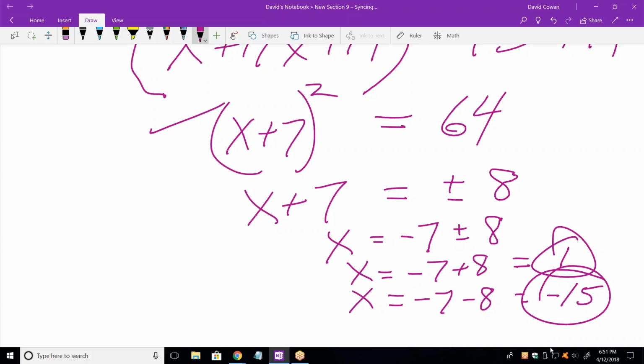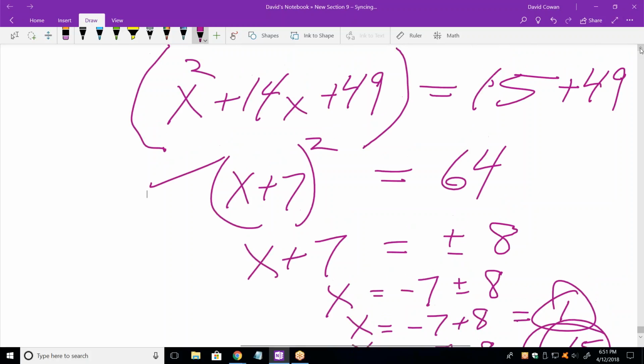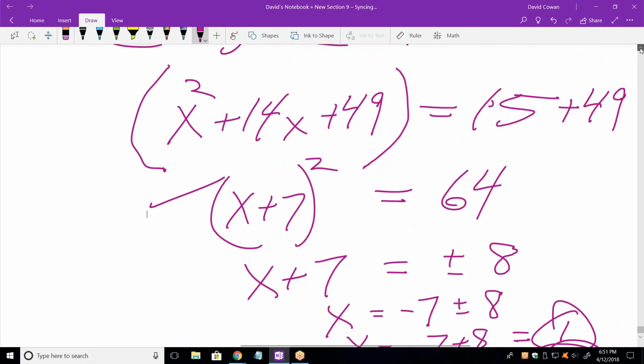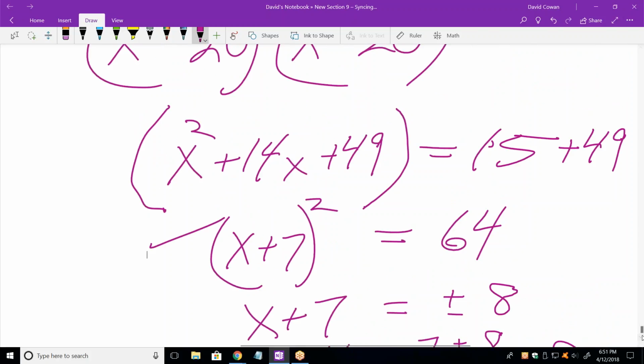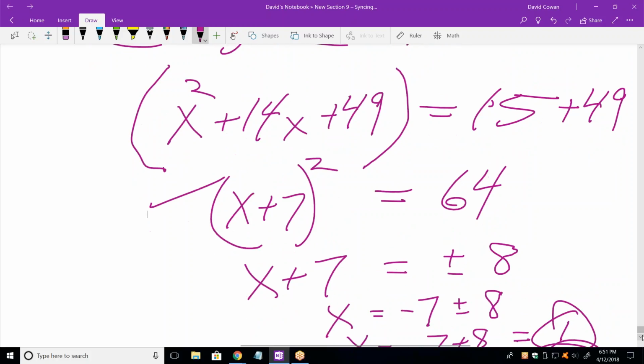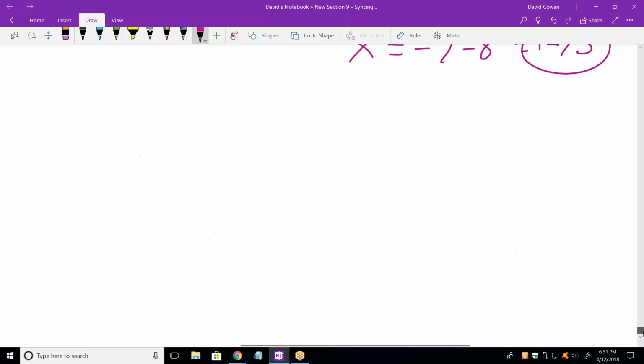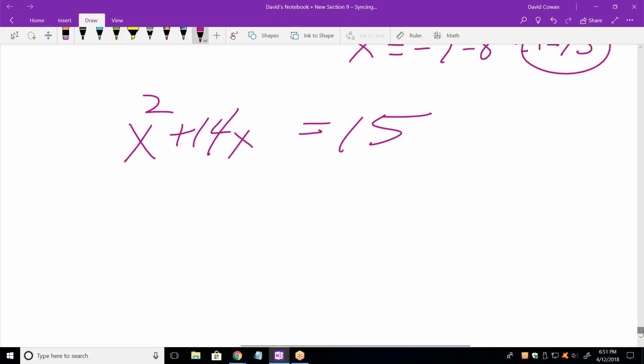Now, let's go back, because whenever I've done this the hard way, they asked me to do it by completing the square, so I did so. But there's actually a much easier way to do it. Let me show you. It's x squared plus 14x equals 15, correct?